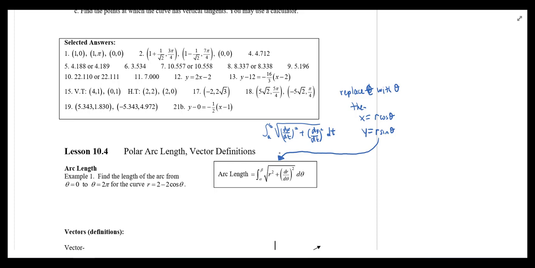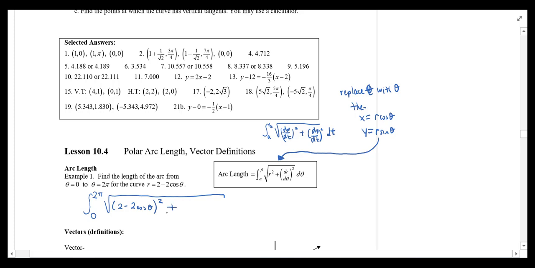So find the length of the arc from theta equals 0 to 2 pi for this lovely curve. The formula here says you need the integral from a to b, so in this case 0 to 2 pi. And then it's the square root of r squared, so 2 minus 2 cos theta, all squared, plus the derivative.